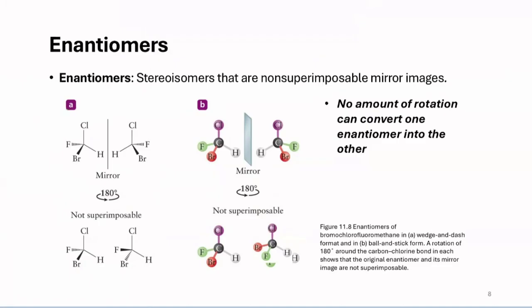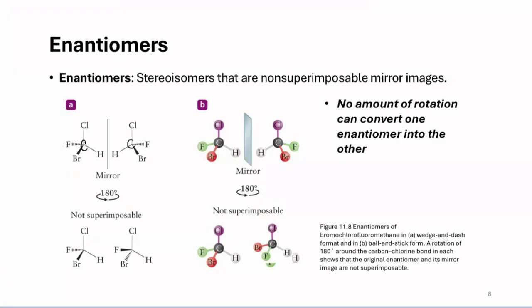If we look closely at our example, we can see in letter A the drawing, in terms of its 3D structure, of a carbon atom that is sitting in the middle of the molecule. We can see that this carbon atom specifically has 1, 2, 3, 4 groups that are different from each other.